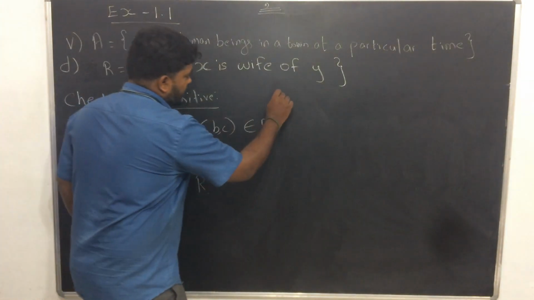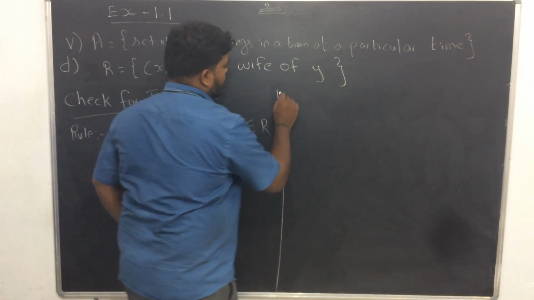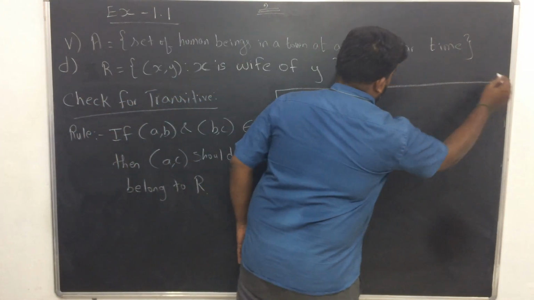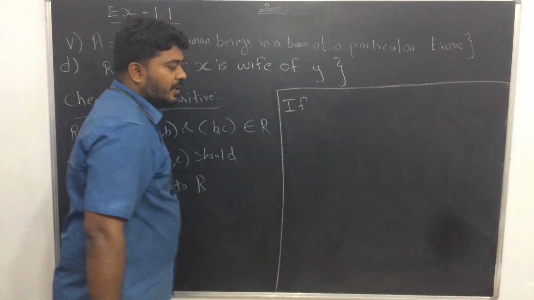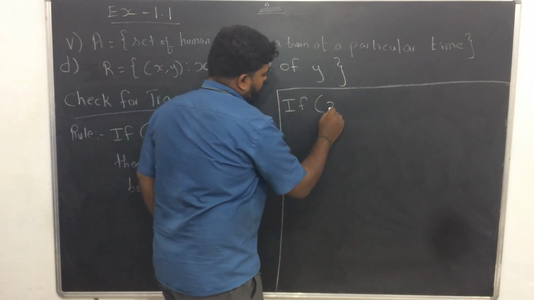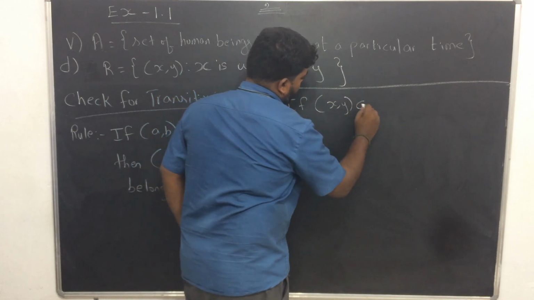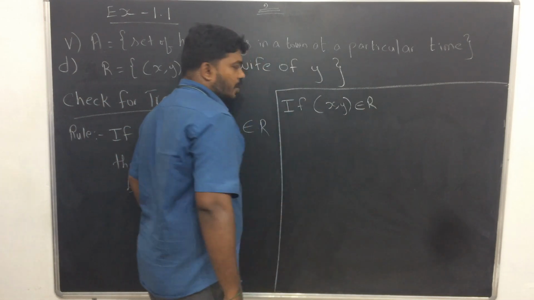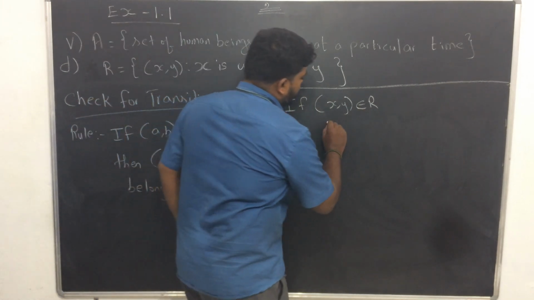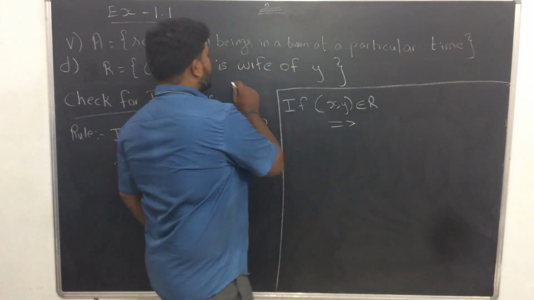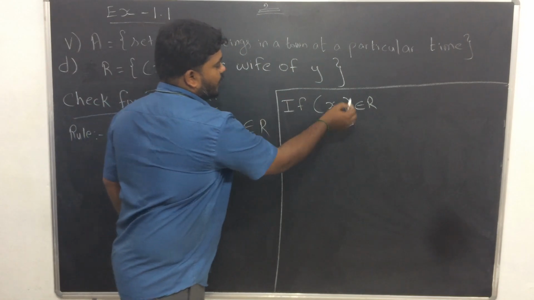Now let's start with the detailed part. If (x, y) belongs to R, it implies that x is wife of y, right?